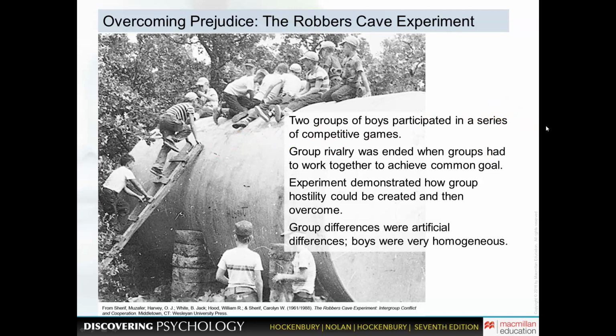Now, what's important to keep in mind and look at a little more in depth is this experiment. It demonstrated how group hostility could be created, but then how it could be overcome.